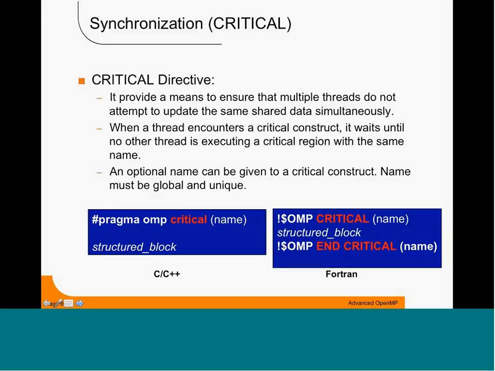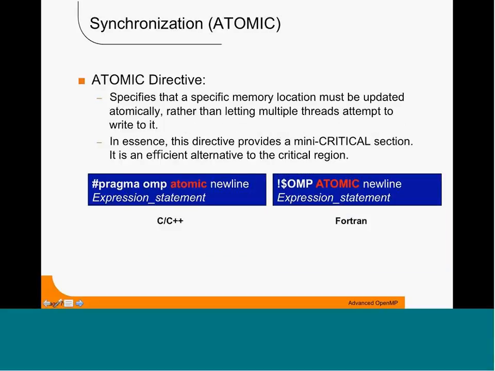Like you want to do summation, then making it a reduction operation, you say critical, and then you do the summation. Then all threads will come before that, and one by one will go to execute the critical section. This is called atomic, which is the mini critical directive. This ensures that the specific memory location must be updated atomically.